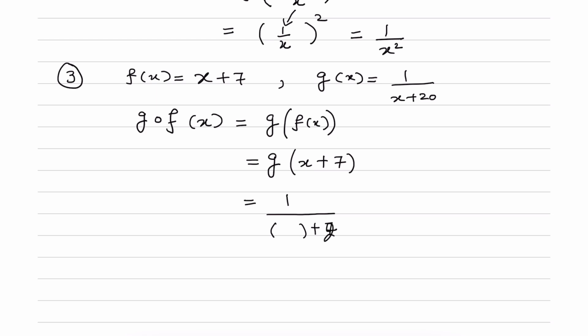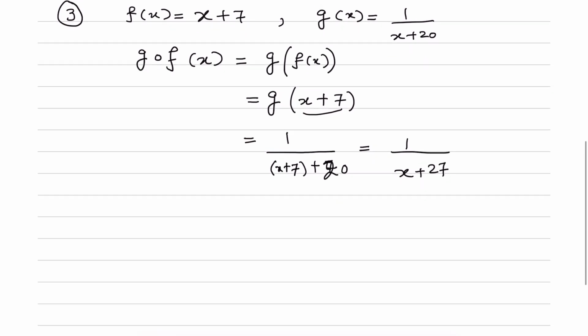Sorry, this is 20. In this missing space, what are we going to put? It is this argument, x plus 7. So x plus 7 gives us 1 over x plus 27. That's how we compose this.